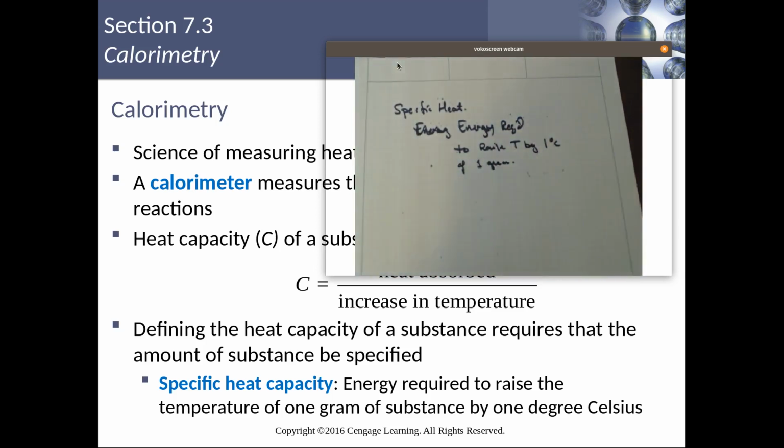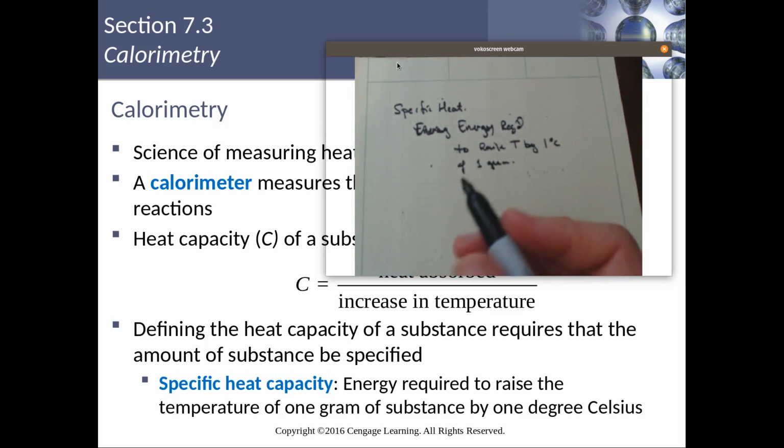So usually heat capacities can be expressed in terms of a molar heat capacity or a specific heat. A molar heat capacity would be something like the energy required to raise 1 mole of that substance by a degree Celsius.